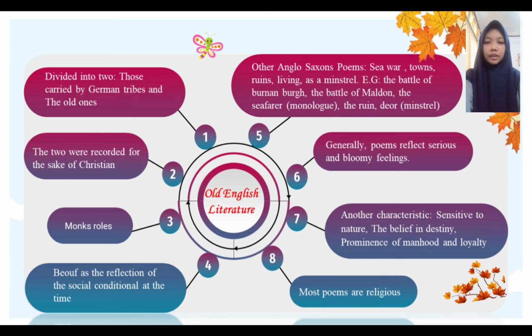Number six, generally the poems reflect serious and gloomy feelings. Number seven, other characteristics: sensitivity to nature, belief in destiny, the prominence of manhood and loyalty. And the last is that most poems are religious.